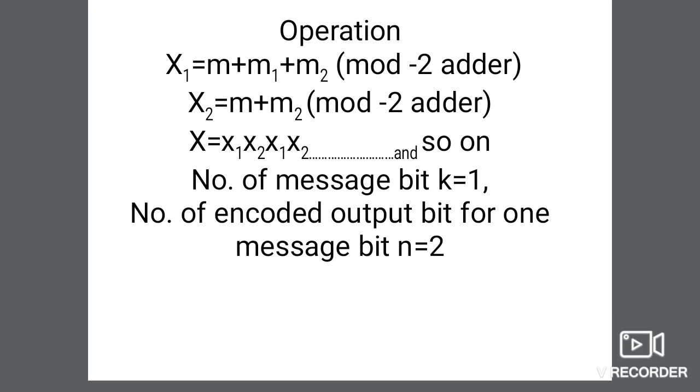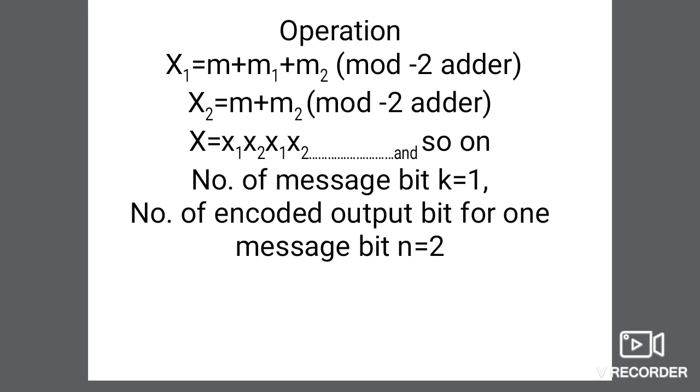So the output switch first samples x1 and then x2. The shift register then shifts the contents of m1 to m2 and the contents of m to m1. The next input bit is taken and stored in m. Again x1 and x2 are generated according to the new combination of m, m1 and m2. The output switch then samples x1 then x2.